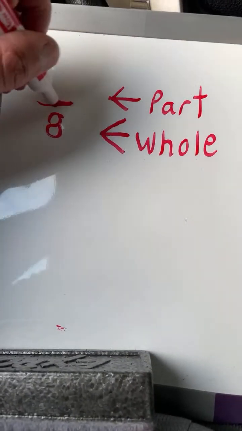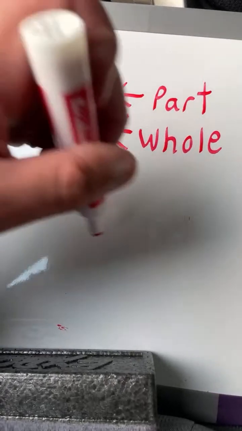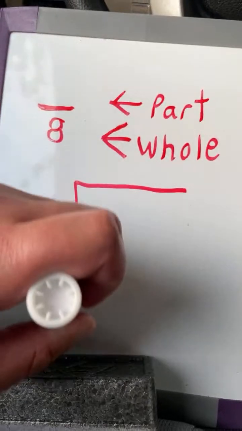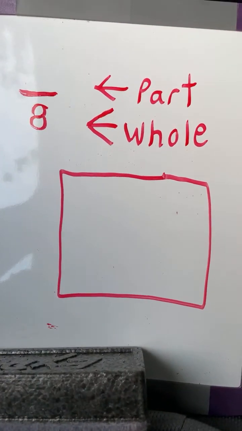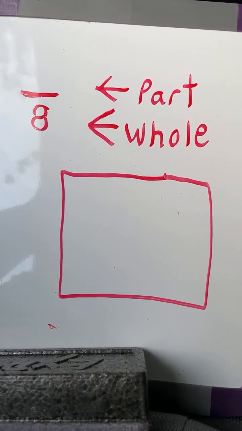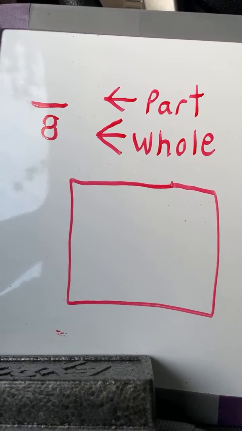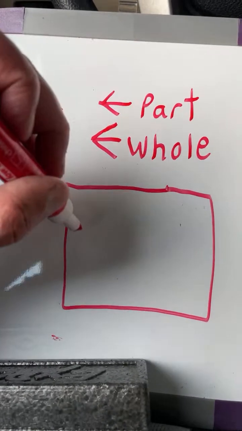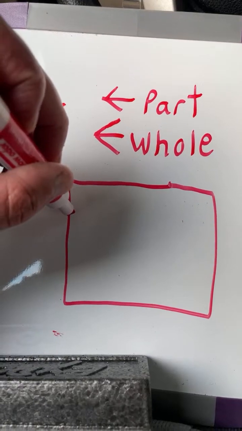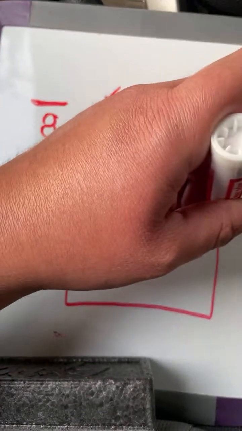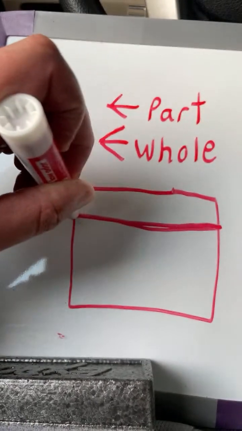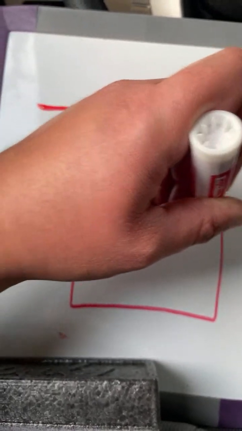All right, so if we're gonna go with eighths, we need 8 total parts. And those parts should be equal.